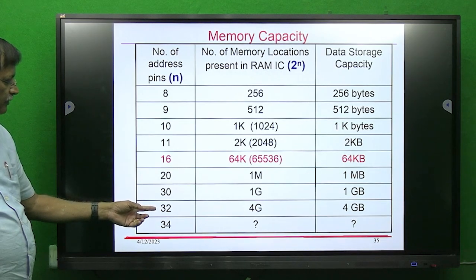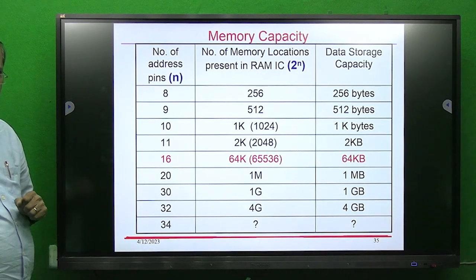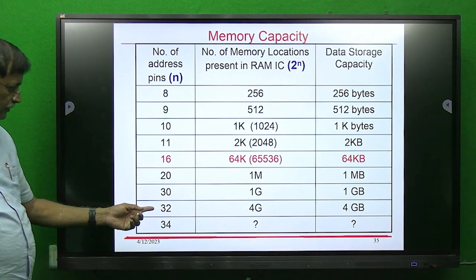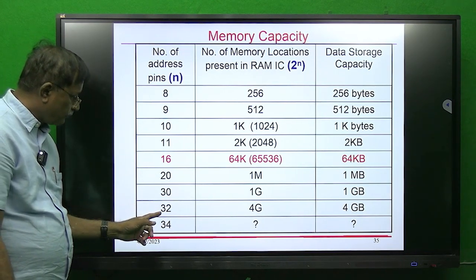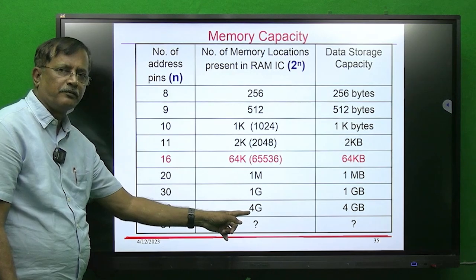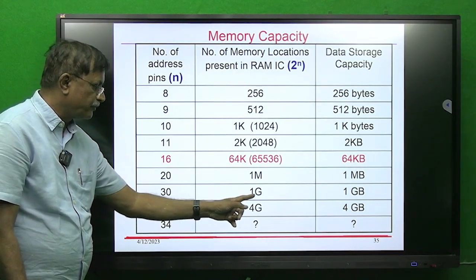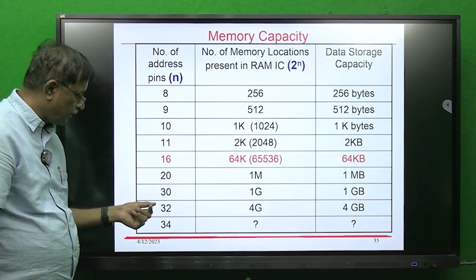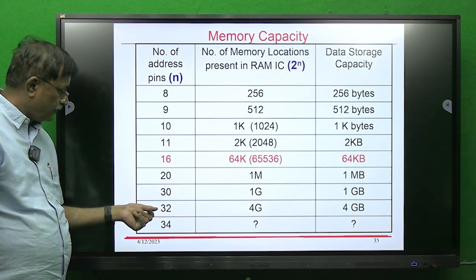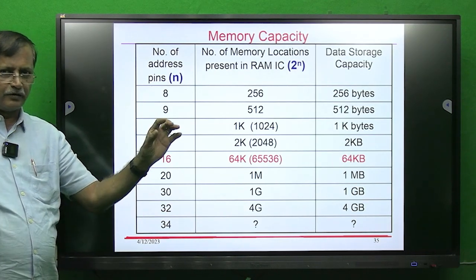Suppose the processor is giving a 32-bit address. The 32-bit address means it is decoded. So 2 raised to 32, it is 4 GB. So 4 giga locations. Out of these 4 giga locations, one location will be selected by using this address. And this 32-bit number will be one unique number.